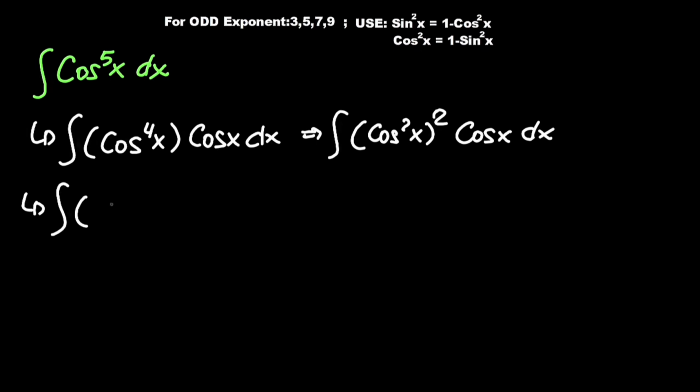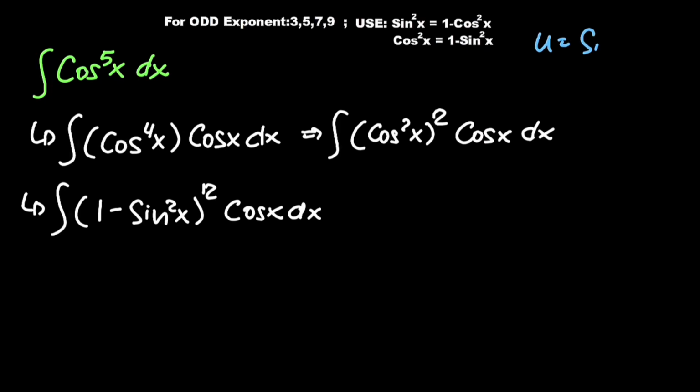So this would be integral of 1 minus sine squared of x raised to the power of 2 multiplied by cosine of x dx. And let u here be sine of x. Derivative of sine of x is cosine of x dx.